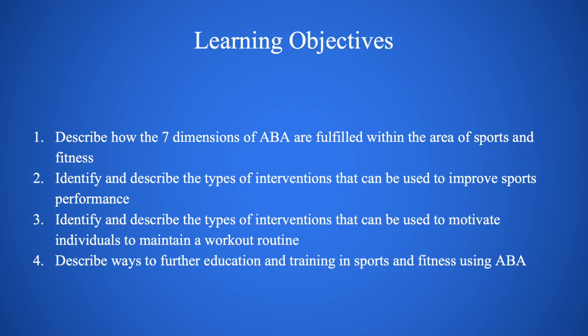The learning objectives are as follows. 1, describe how the 7 dimensions of ABA are fulfilled within the area of sports and fitness. 2, identify and describe the types of interventions that can be used to improve sports performance. 3, identify and describe the types of interventions that can be used to motivate individuals to maintain a workout routine. And 4, describe ways to further education and training in sports and fitness using ABA principles and interventions.